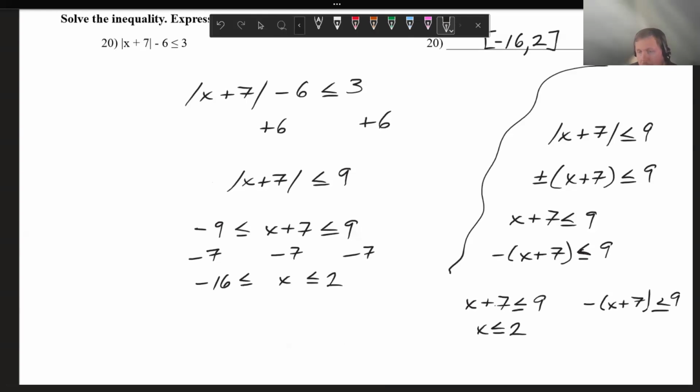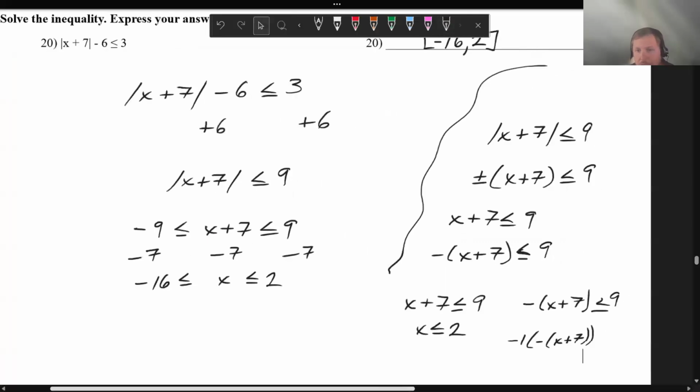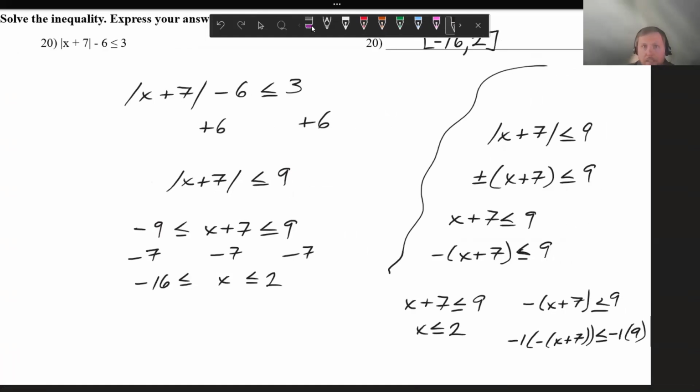there are a few ways that you can approach this. Just as a way to review multiplying by a negative, let's multiply through by negative 1. So less than or equal to negative 1 times 9. Now I made a little mistake there.